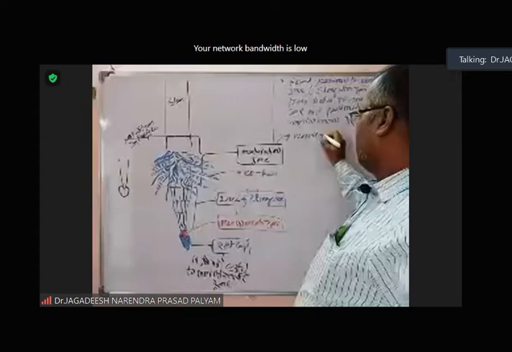What is differentiation? Differentiation is a process in which the cell loses its division capacity and is assigned with a specific function.